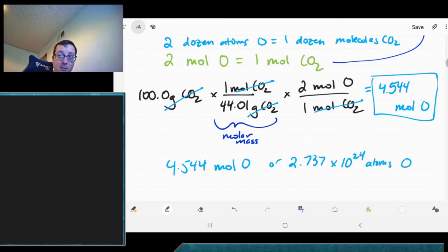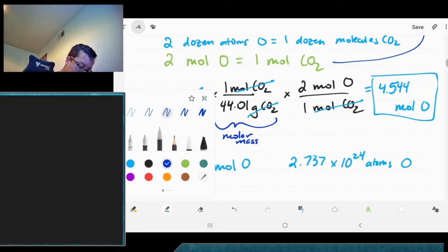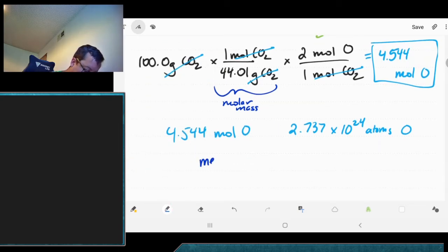These things are the same thing. If we want to think about which number is easier to talk about, these mean the same thing.